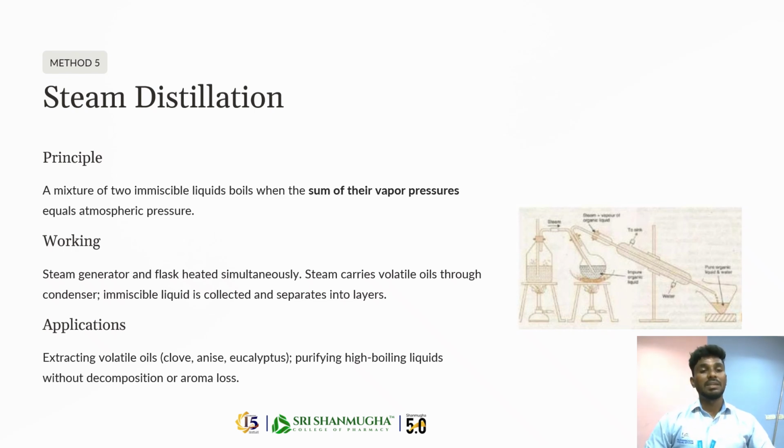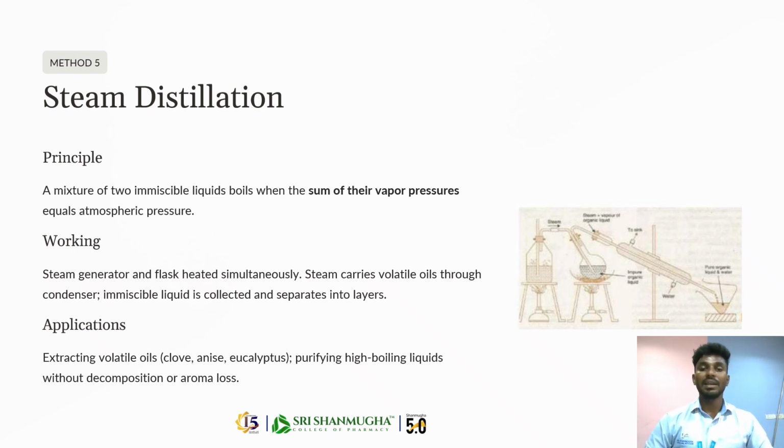Okay. The fifth method is the steam distillation method. The principle: a mixture of immiscible liquids boils when the sum of their vapor pressures equals atmospheric pressure. The working principle: steam is generated and the flask is heated simultaneously.